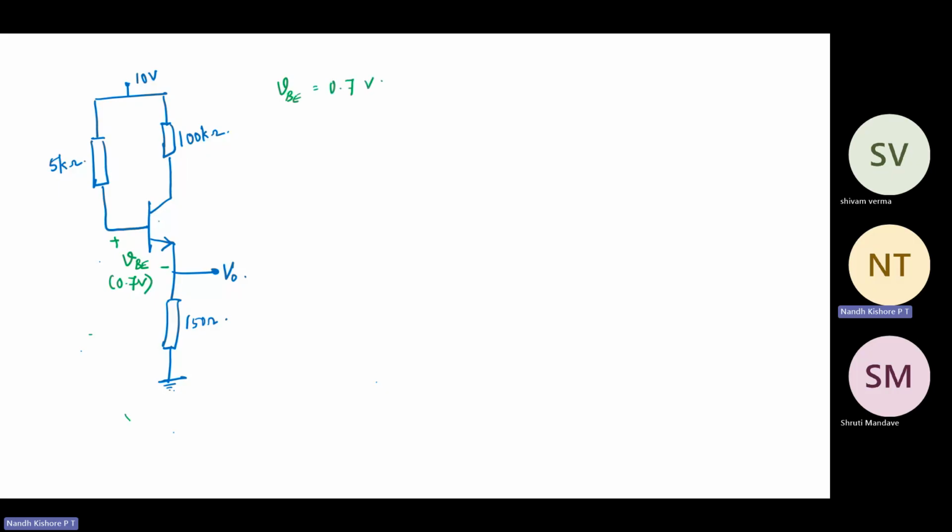Also for a transistor, for a BJT, you would know that IC is equal to beta times IB, correct? Where beta is your current gain. So this is something you also know.